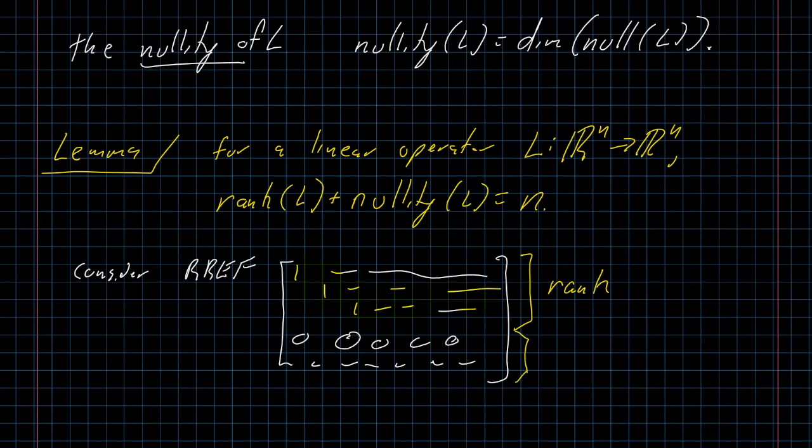I don't quite have enough time to really prove this. I'm not really interested in finding enough time to prove this. But the number of zero rows here is the nullity.